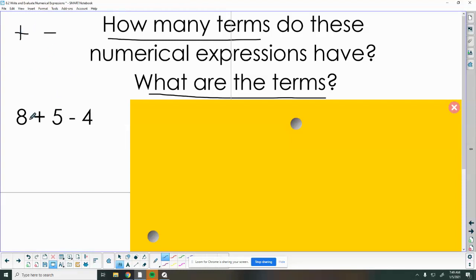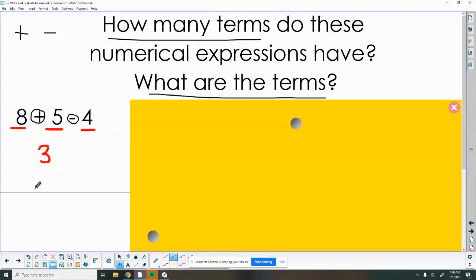So adding and subtracting, I can see I've got one here and one here. So every other part of these things are terms. So here we have 1, 2, 3 terms. So this has 3 terms.